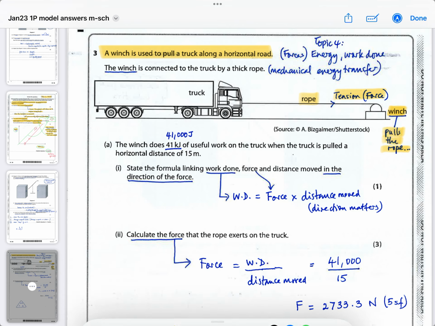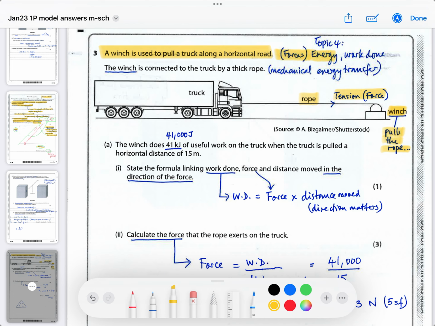Okay, now here, forces is linked to work done, which is from the energy topic. So forces and topic 4 are often linked because when you have a machine, you're actually transferring energy mechanically. So it's a mechanical energy transfer whenever any physical work is being done, like moving an object.